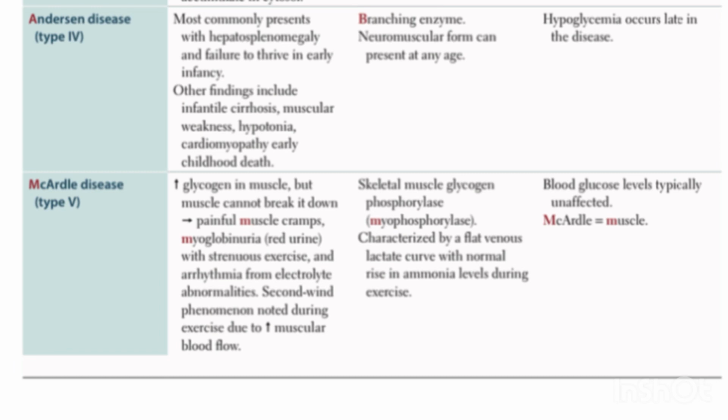Painful muscle cramps, myoglobinuria with strenuous exercise, and arrhythmias from electrolyte abnormalities. Second wind phenomenon noted during exercise due to increased muscular blood flow. Blood glucose levels typically unaffected. Non-ketotic hypoglycemia on starvation is seen in MCAD deficiency.